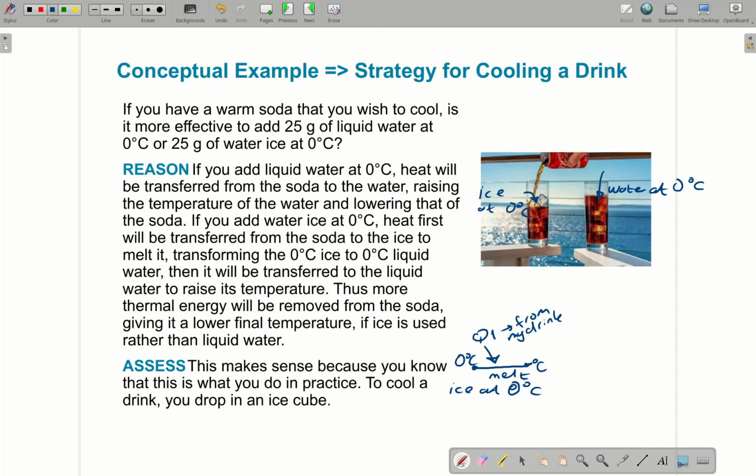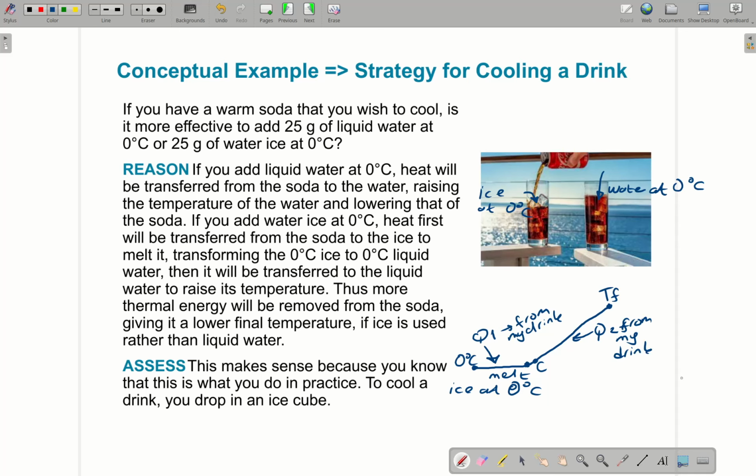It's not changing its temperature, but my drink is not changing its phase, so it's changing its temperature. And then heat up to a certain final temperature. That will be the same as my drink. Take some more heat from my drink. Q2 from my drink. So it will take in this much heat.